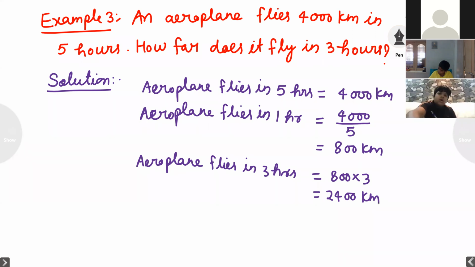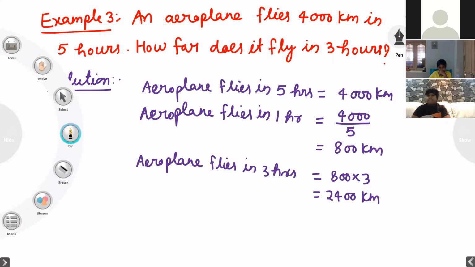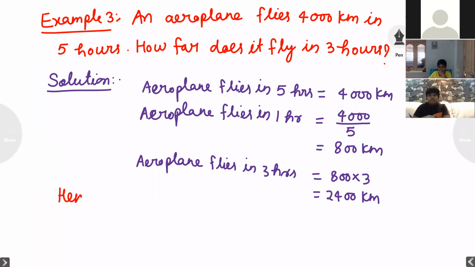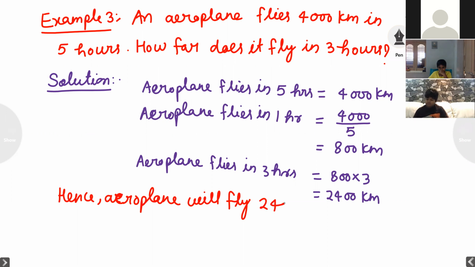Again, for 3 hours we need to do multiplication.